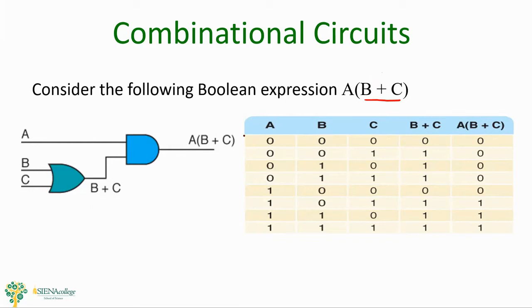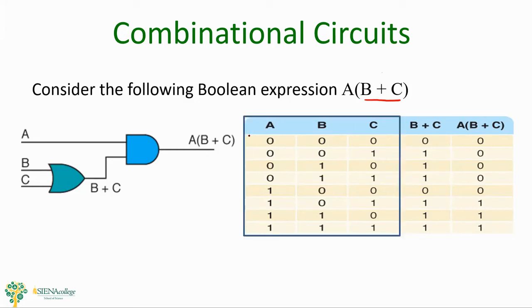We have our Boolean table. Notice that it's in ascending binary order. We'll look at B or C and determine when it will be true or false, and it will be true if either B or C are true.